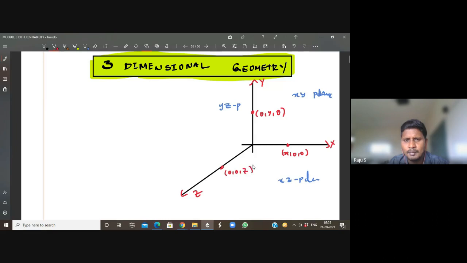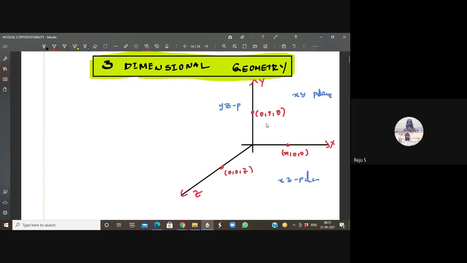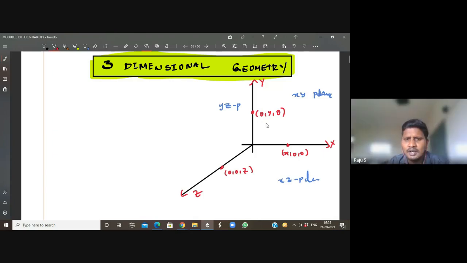So every point in three-dimensional space, we can write in the form of a triplet, x comma y comma z. Every point in space we can always write in the form of x, y, z. This is called three-dimensional geometry, right?